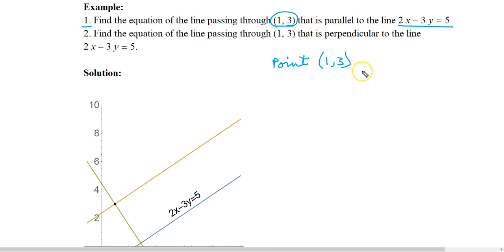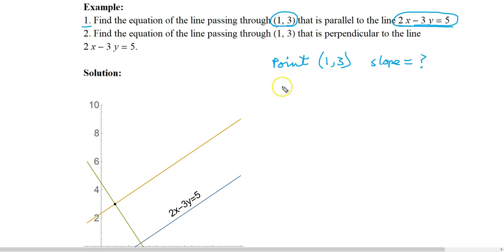Now to find the equation of any line, we need a point and we need a slope. So we don't know what the slope is. Well, our line is supposed to be parallel to this line, so that means they have to have the same slope. So we need to find the slope of this line right here. To find the slope, we need to put it in slope-intercept form, and then just read off the slope.